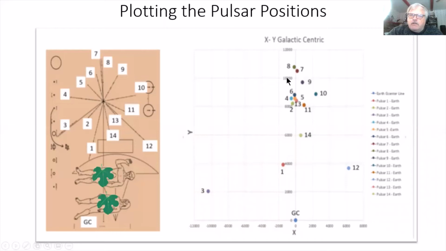You'll see how these look in reality in the XY plane of the galactic center. These lines give you a sort of false representation because they're actually your binary lines. What they're really telling you is the distances from the sun, which is right about here, to the galactic center.